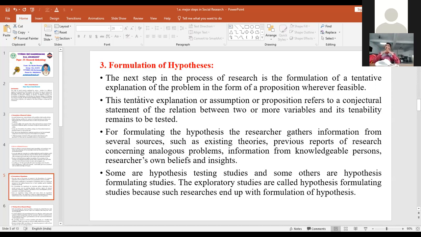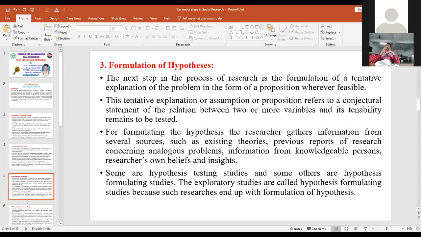So hypothesis means an imagination about that particular topic, or about that particular problem from the propositions. Then the next is the assumption or the hypothesis about those particular propositions.